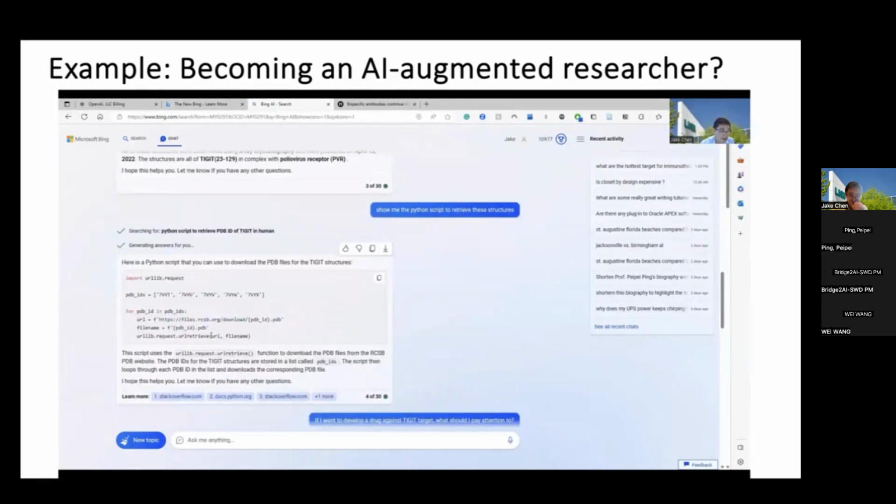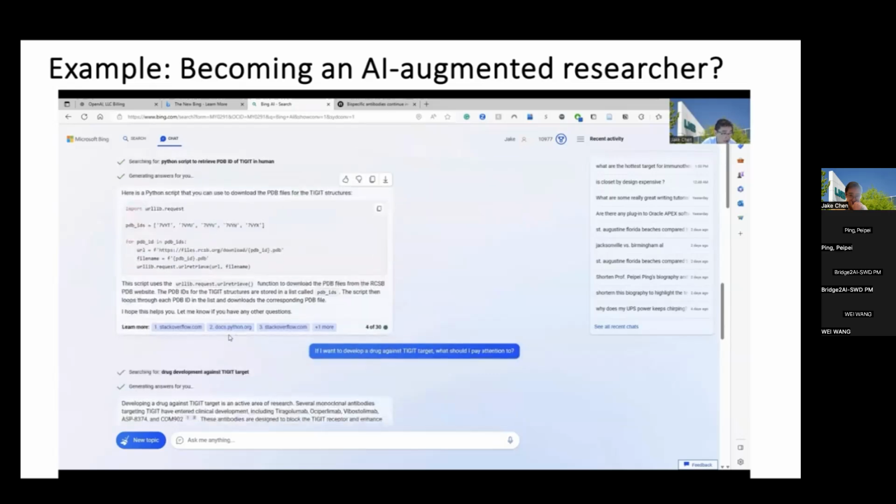But suppose I'm starting to learn Python and I want the software to show me the Python script. And wow, it does show a Python script that will pull these IDs and query the PDB database, retrieve the results.